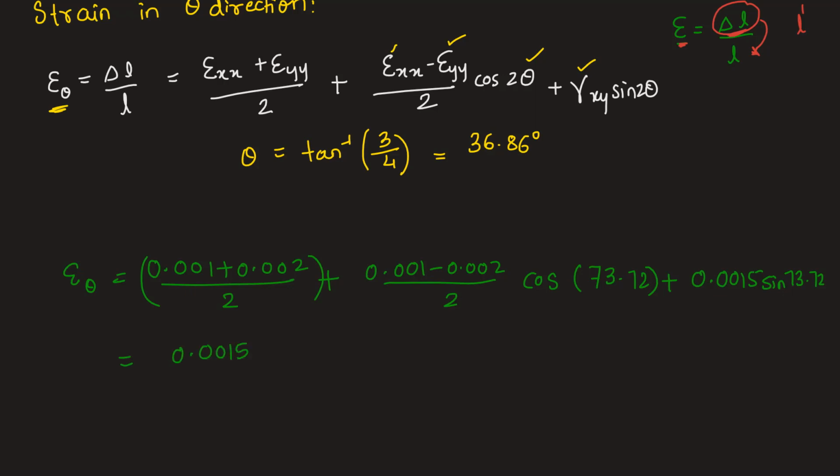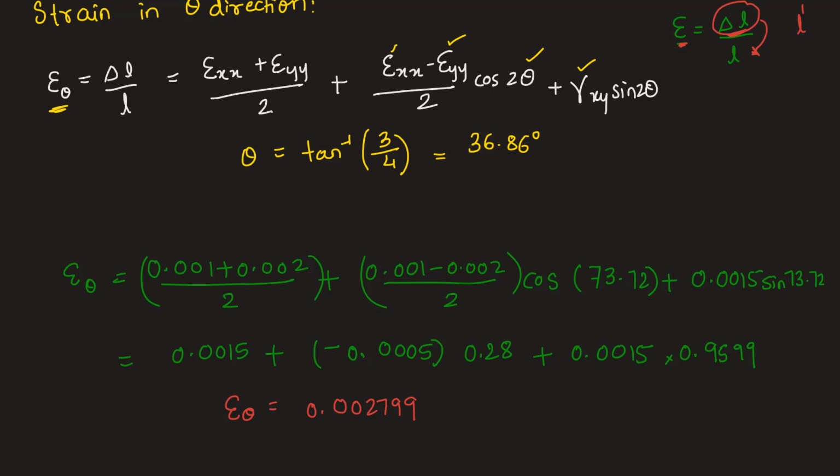We find it out in the digital calculator very simply. Plus this term has to be negative. It's minus 0.0005, and cos of 73.72 is 0.28, plus 0.0015, and sine of 73.72 is 0.9599.